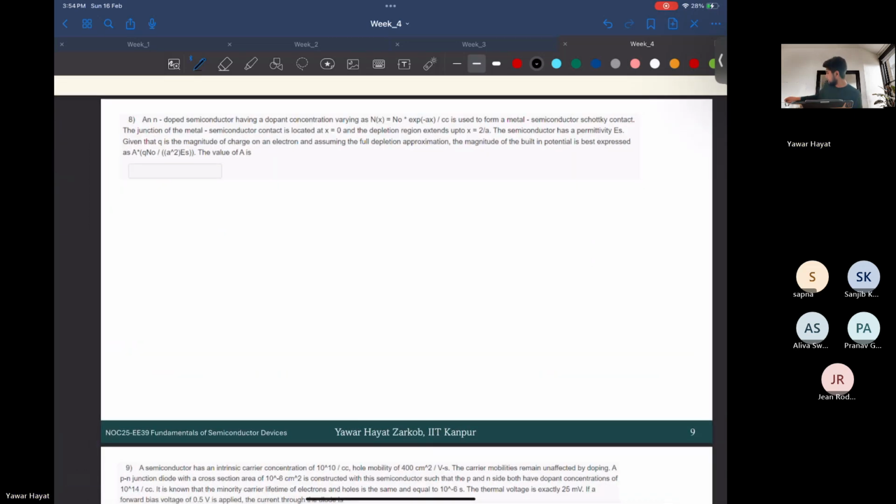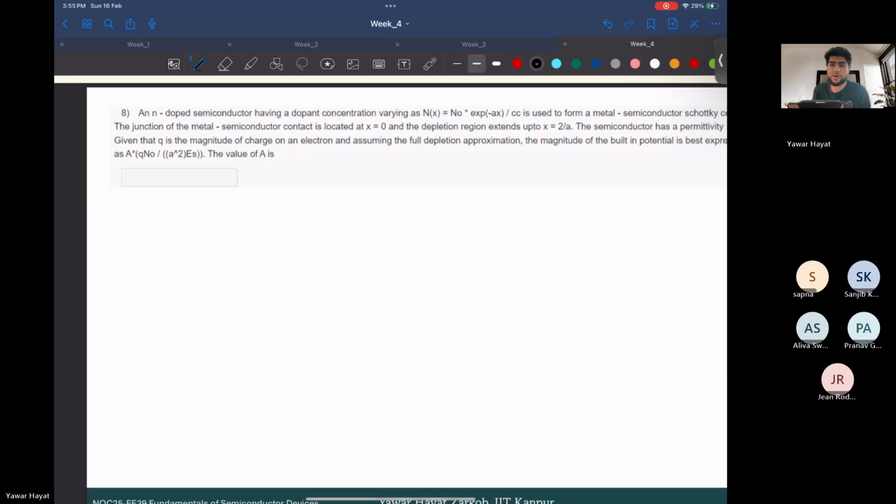Attempt this problem. Now your dopant concentration for this problem varies as follows.